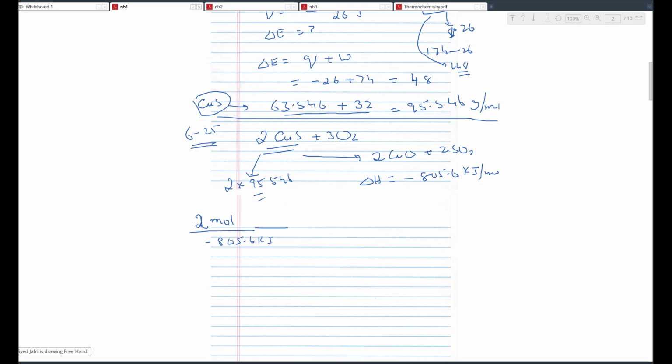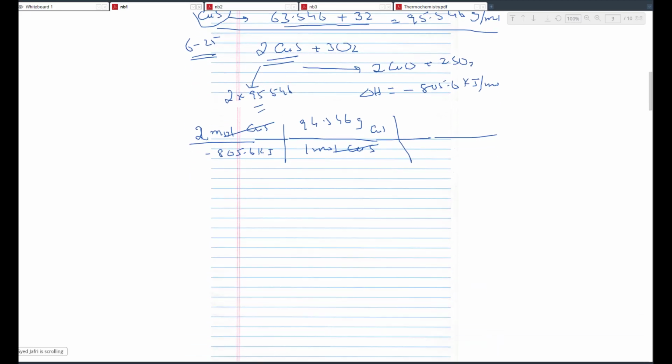Right. Now, if I burn 1 mole of CuS, that is equal to how many gram? We said 95.546 grams of CuS. So mole I cancel this one, and now I have the grams. But I want to calculate per gram.